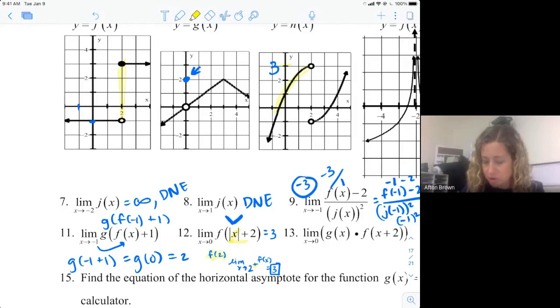I had to think, are we approaching 2 from the positive or negative side? That's where we had to look at the graph of the absolute value. If we're approaching from either side, those values are above, bigger than 2, just barely bigger than 2, so we had to approach on this side.